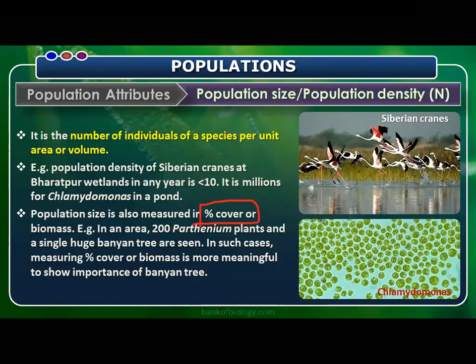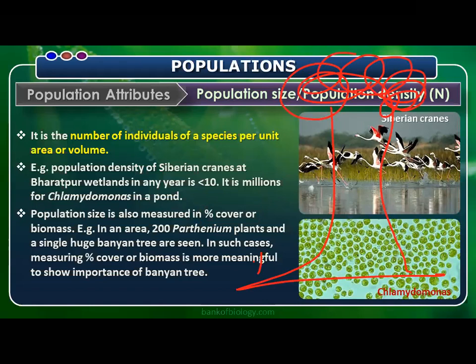Okay, in an area, 200 Parthenium plants and a single huge banyan tree are seen. In such cases, measuring percent cover or biomass is more meaningful to show the importance of the banyan tree. Here, this concept explains that if a single banyan tree is present and many weed plants, Parthenium hysterophorus, we know as the best example of a weed plant. So 1,000 Parthenium weed plants are present.